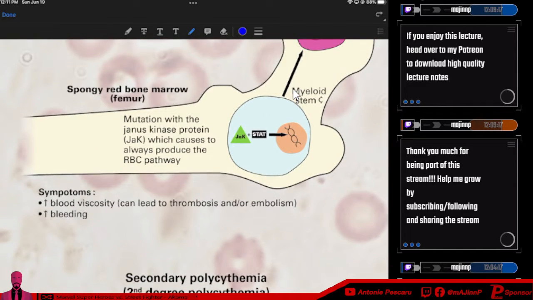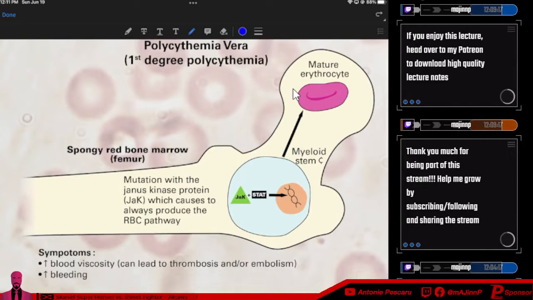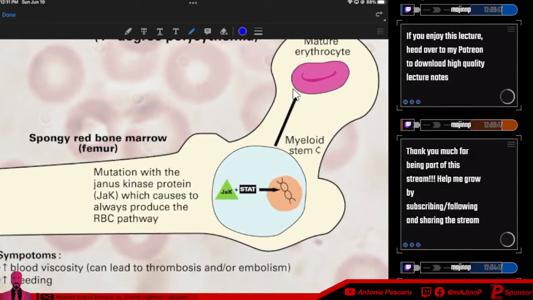Symptoms of an increase of red blood cell synthesis include increased blood viscosity, which can lead to thrombosis and or embolism, and a high increase of bleeding. What happens is a mutation inside of the myeloid stem cell, in this JAK protein, which stands for Janus kinase.